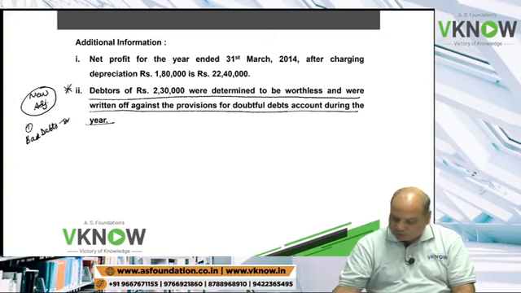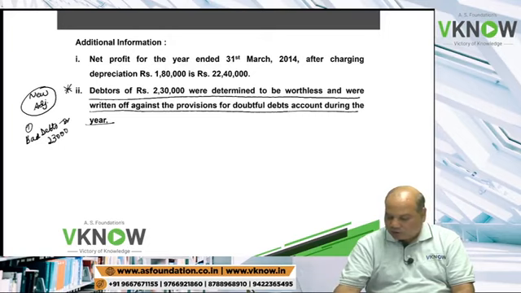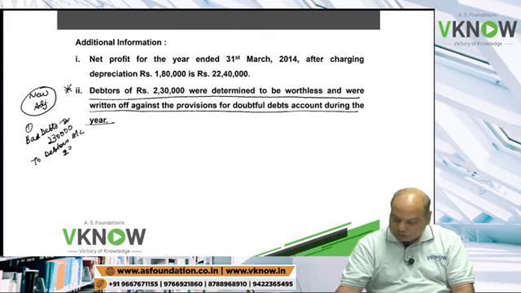Bad debt account debit to debtors account, 2,30,000, first entry.